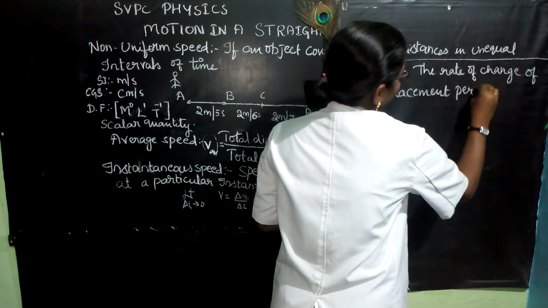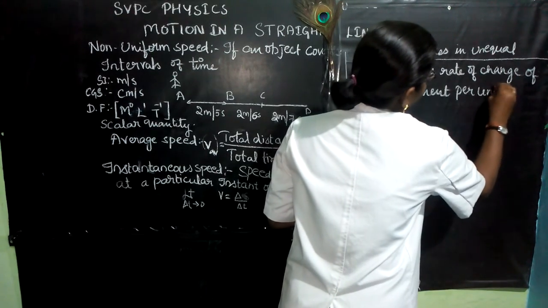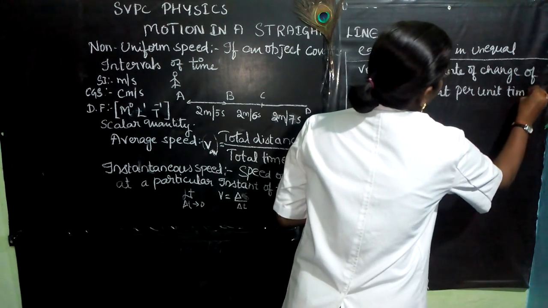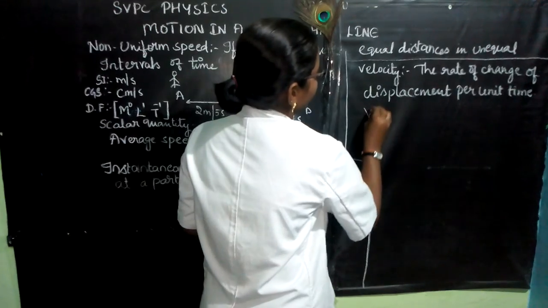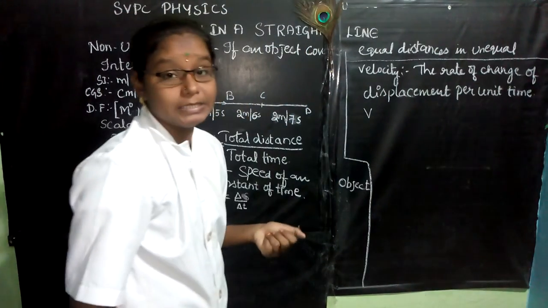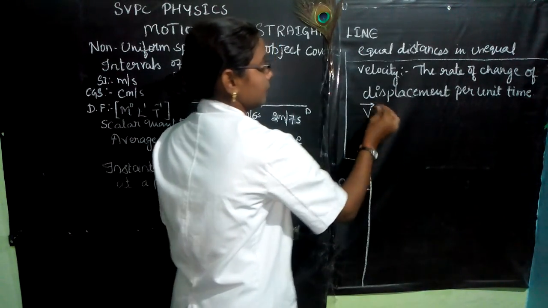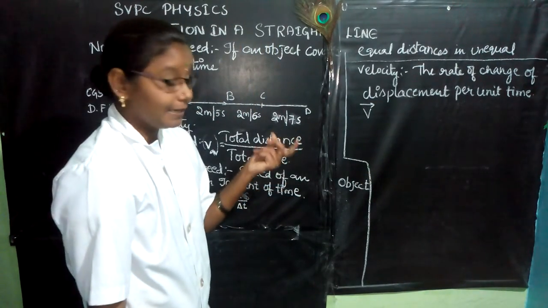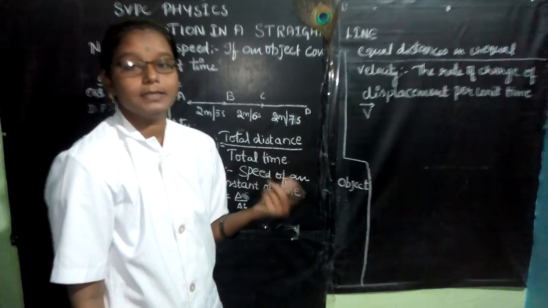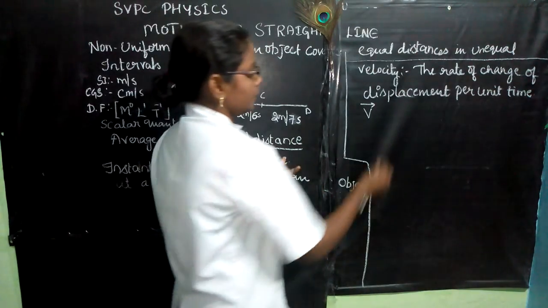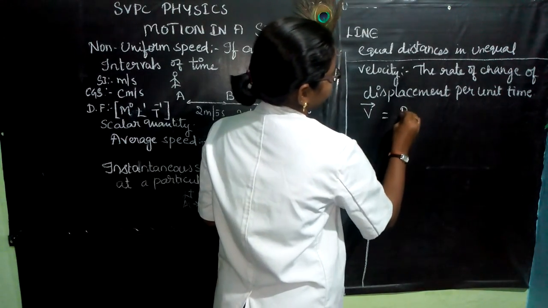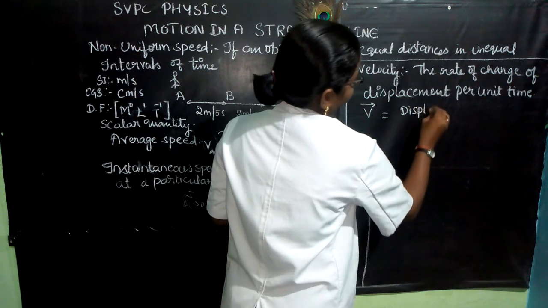Velocity is also represented with V only, but I will write it like this, because a straight line with an arrow indicates it's a vector quantity. V is equal to displacement by time.